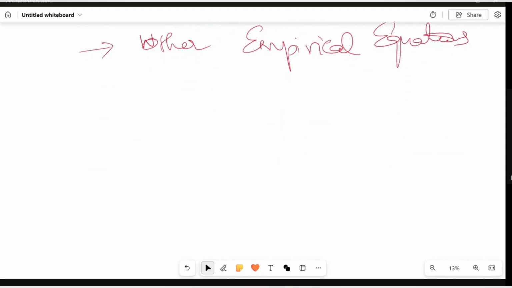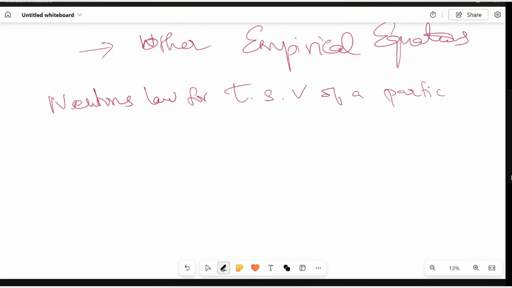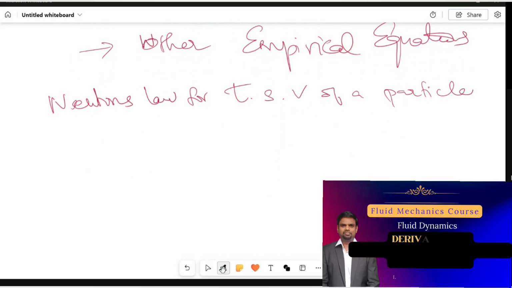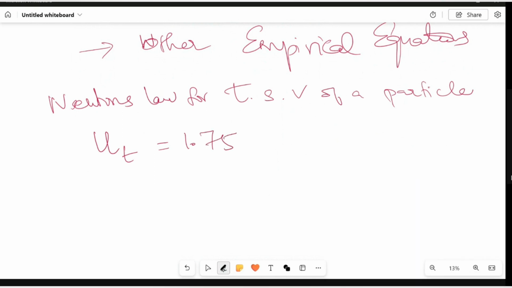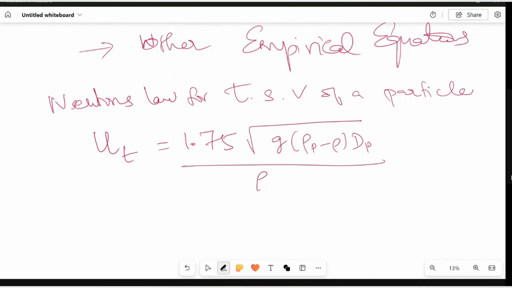For example, we have Newton's law for terminal settling velocity determination, which gives the terminal settling velocity equal to 1.75 into square root of g into (rho p minus rho) into diameter of the particle divided by density of the fluid.